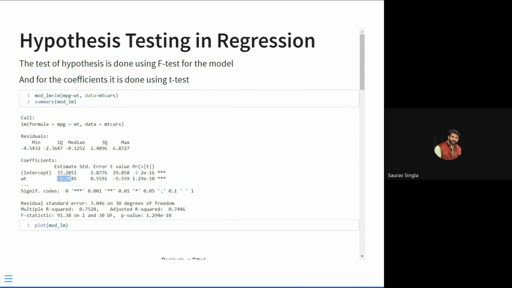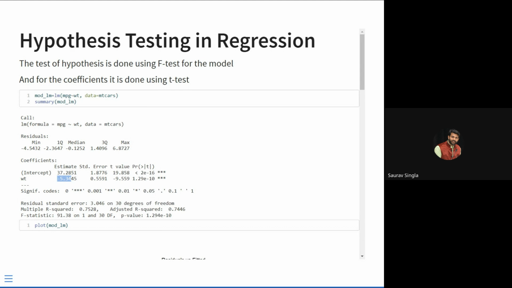Also, it is telling you that if the weight of the car increases by 1 pound, your MPG, miles per gallon, is going to decrease by 5. So there will be a very high impact of weight on your average.